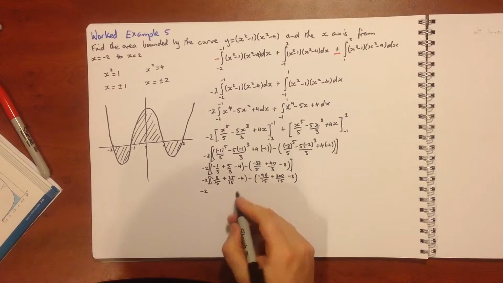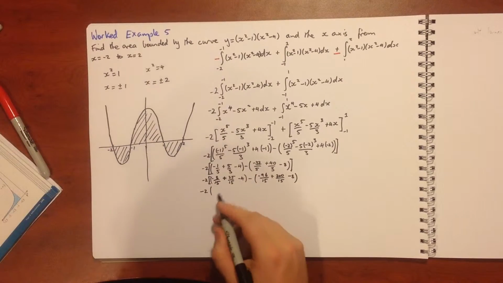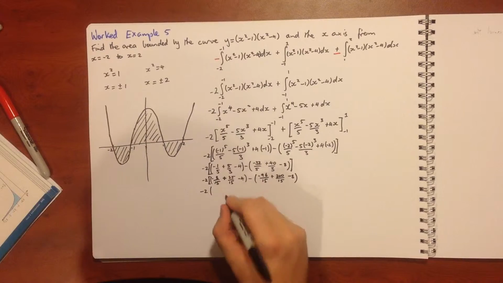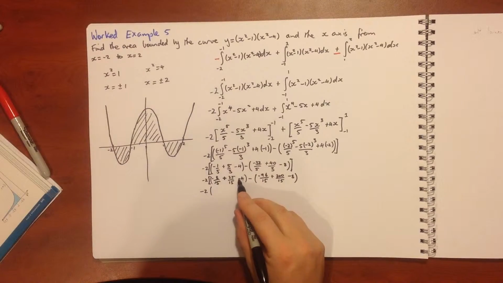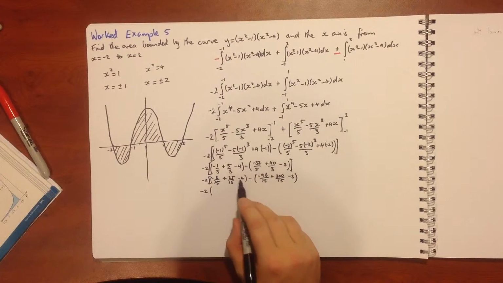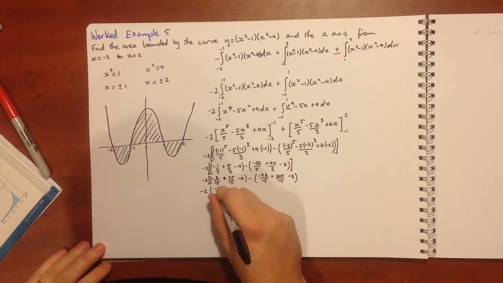So we're going to have here minus 2 outside of minus 3 plus 25, which is going to be 22 on 15. Minus our 60. So we had 22, take 60 is going to be our minus 38 on 15.